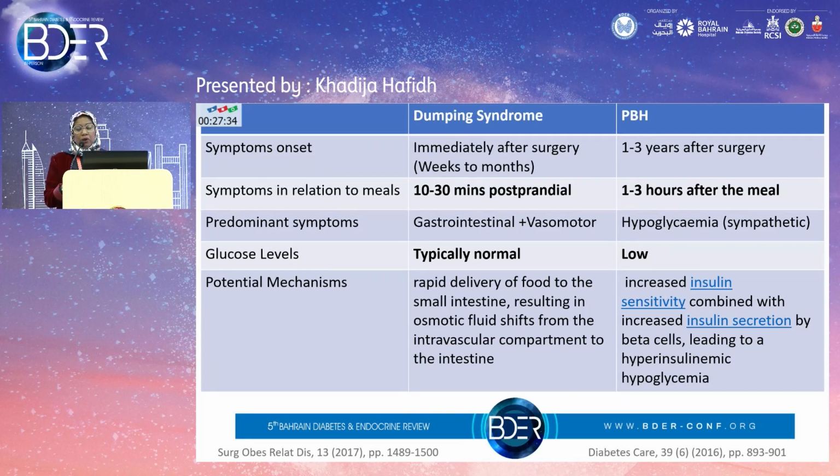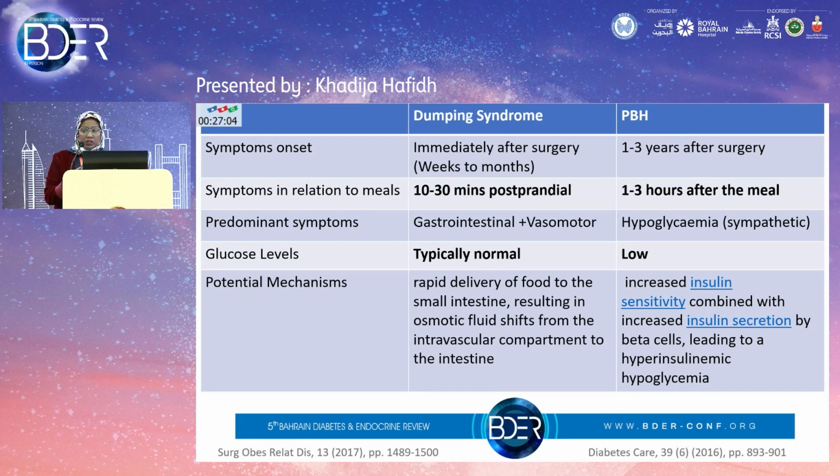Whereas in post-bariatric hypoglycemia, it's usually 1 to 3 hours after the meal. So you're all in a postprandial state now. In dumping syndrome the symptoms are predominantly both vasomotor and gastrointestinal, whereas in PBH, they are mainly hypoglycemic symptoms. The glucose levels typically are normal in dumping syndrome, but they are low in post-bariatric hypoglycemia.